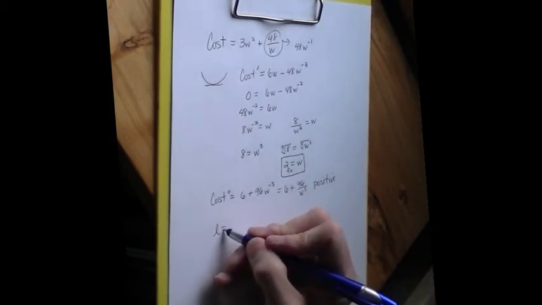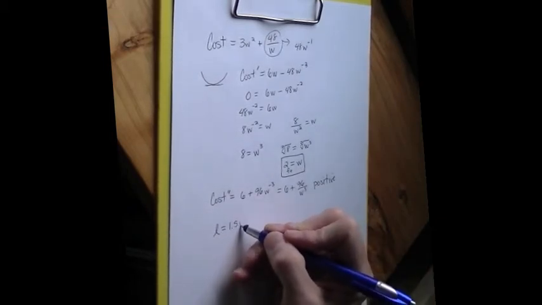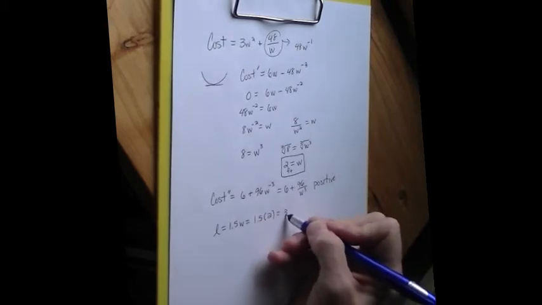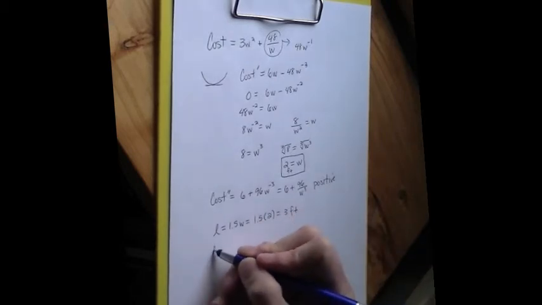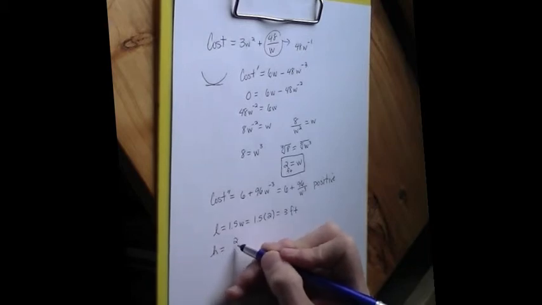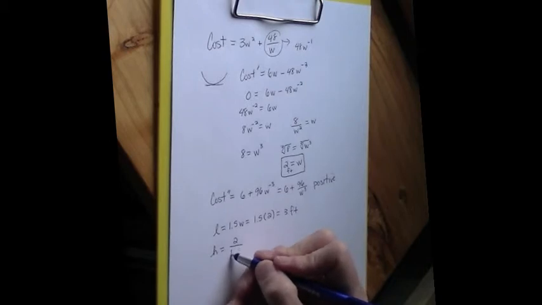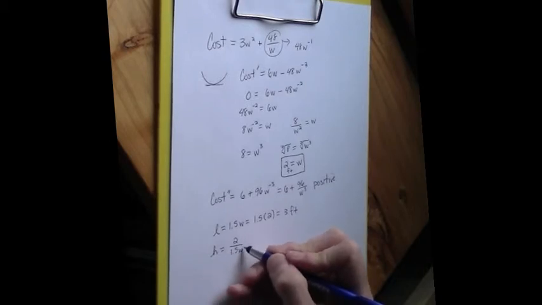The length is supposed to be 1.5 times the width. So 1.5 times 2 is 3 feet. And the height needs to be 2 divided by 1.5 w squared.